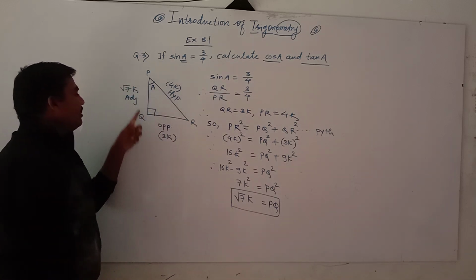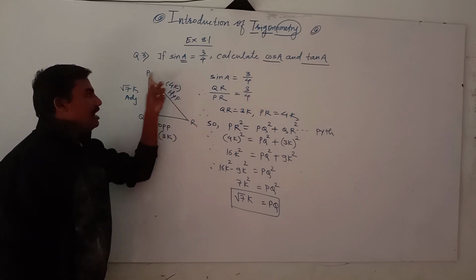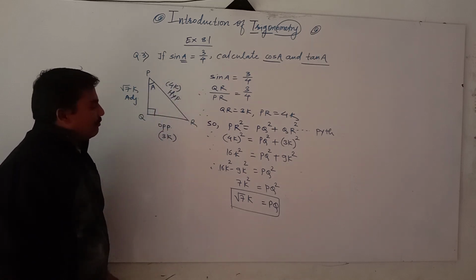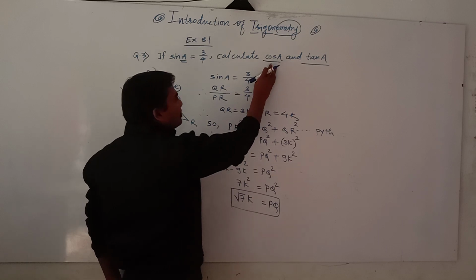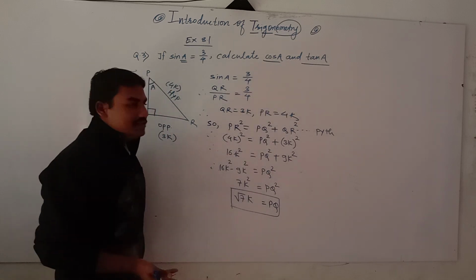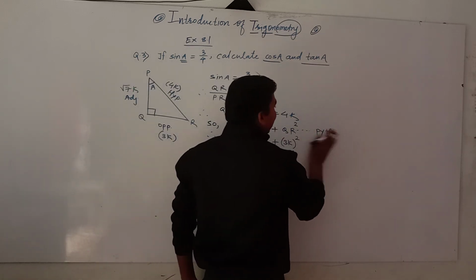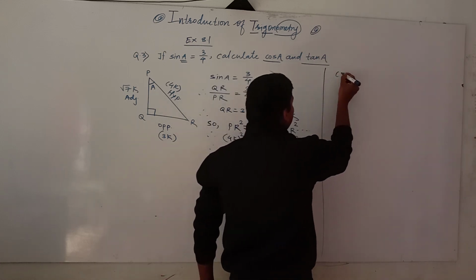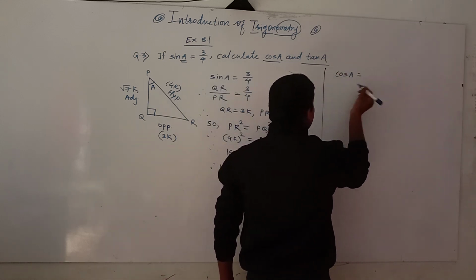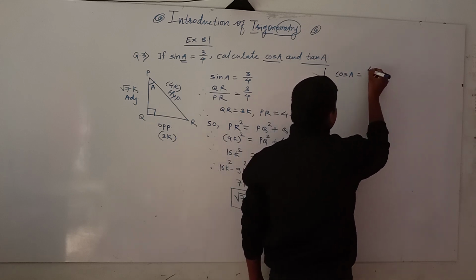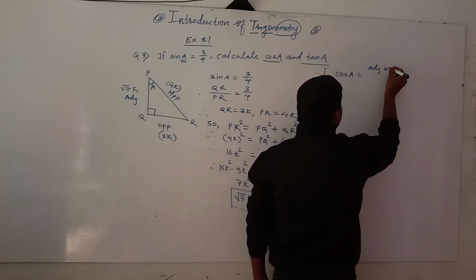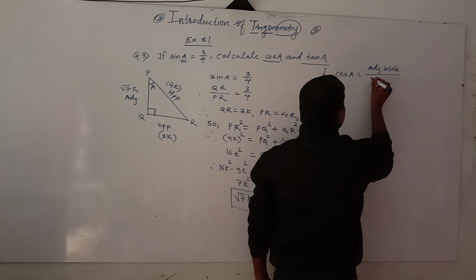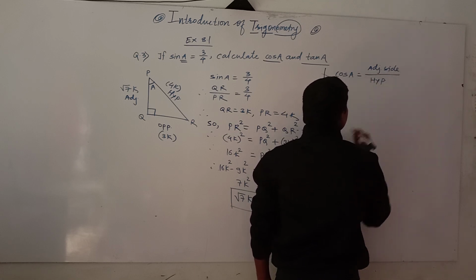Okay, so I got three values. Now from that I want to calculate cos A and tan A. Very simple. Cos A, we know the definition: cos A is adjacent side upon hypotenuse.